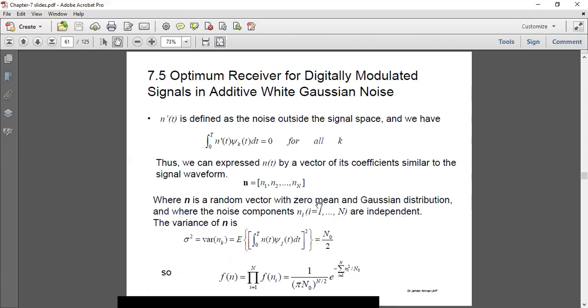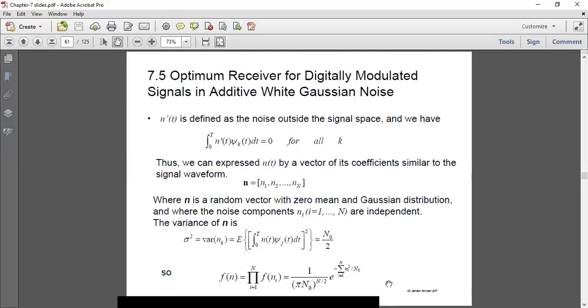The mean of the noise process, which follows a Gaussian distribution, is 0, and the variance of noise is given by this expression: sigma square is the variance of noise. Variance can be calculated by taking the expectation of the square of this cross correlation process, n(t) and phi j. We are trying to see if there is any correlation between noise and the basis function. The variance comes out to be N0 by 2.